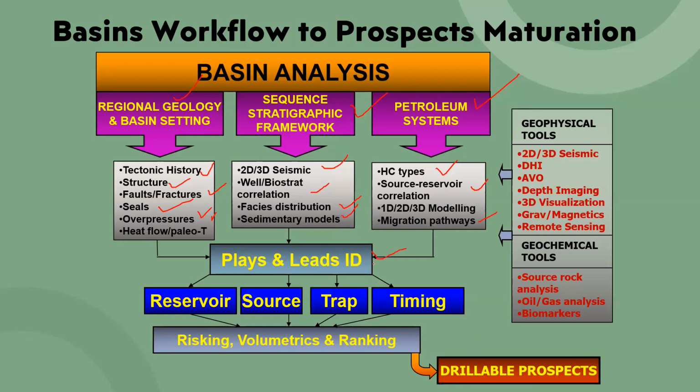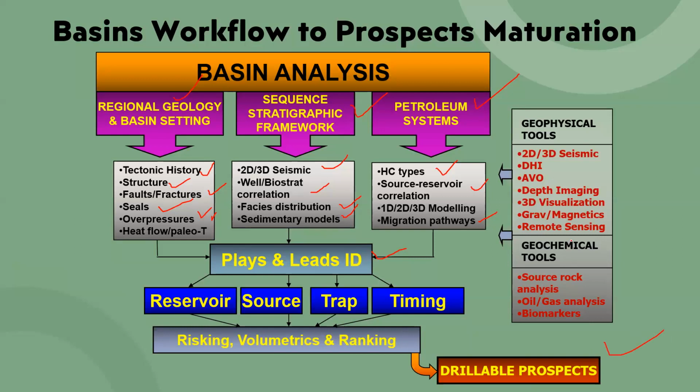So this is still not the prospect, but you will come up with the play or lead. Then you will again look at the reservoir, source, trap, and timing. Then you have the risk, volumetrics, and ranking of this area. Then after all this stuff, you will go for a drilling prospect.